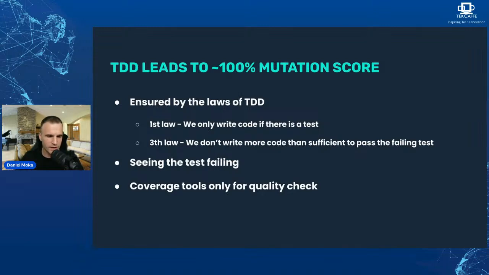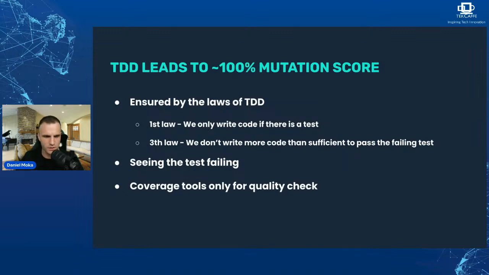So seeing the test failing is as important as seeing it passing. The failing test validates the test is meaningful, unique, and fails for the right reason. So that's a killing feature of TDD, and you cannot have this without TDD, because TDD is the way where you start with the test. If you don't start with the test, you don't see it failing, so you don't verify whether your test fails for the right reason. So another point for TDD.